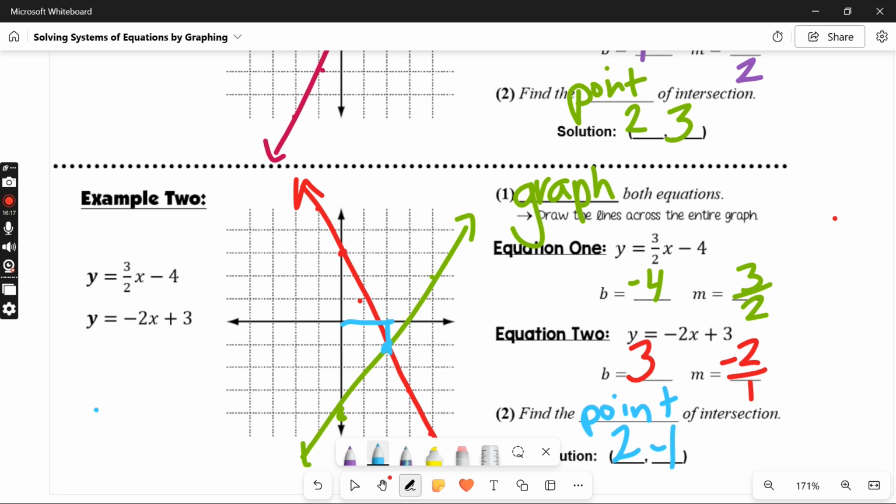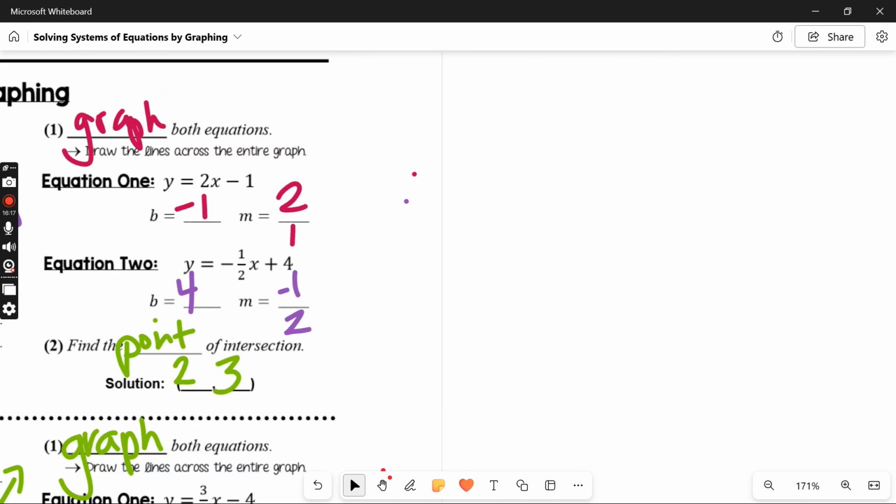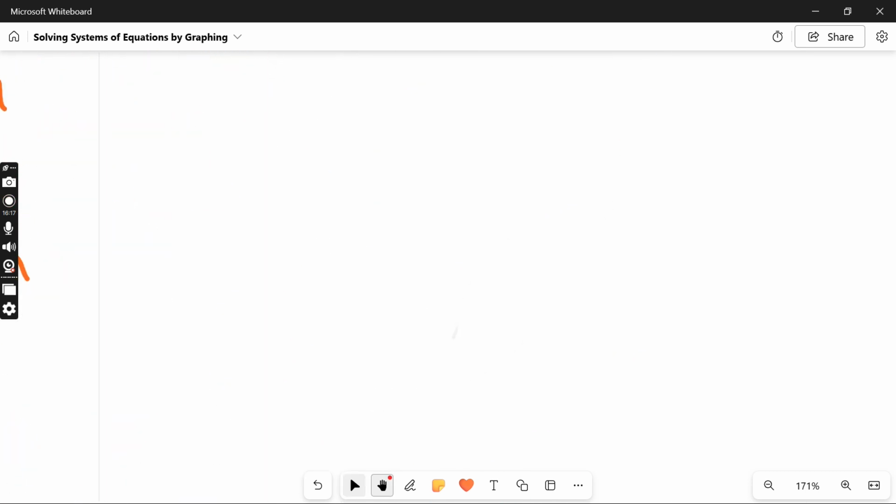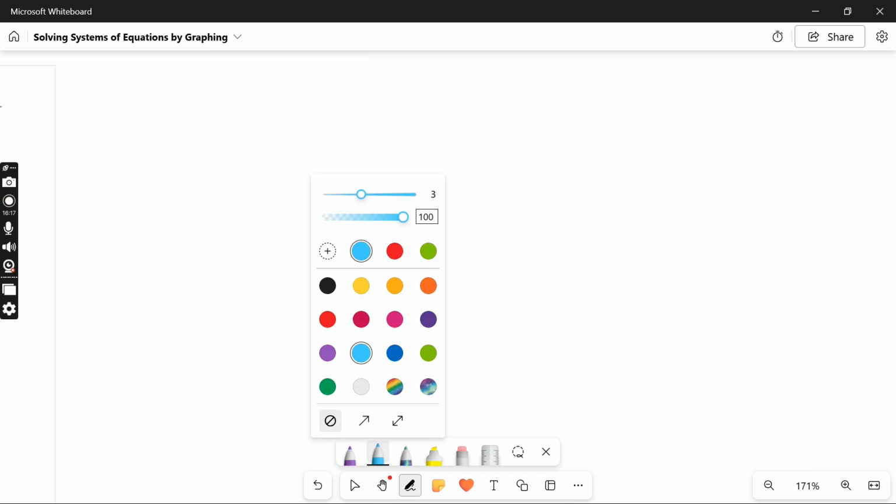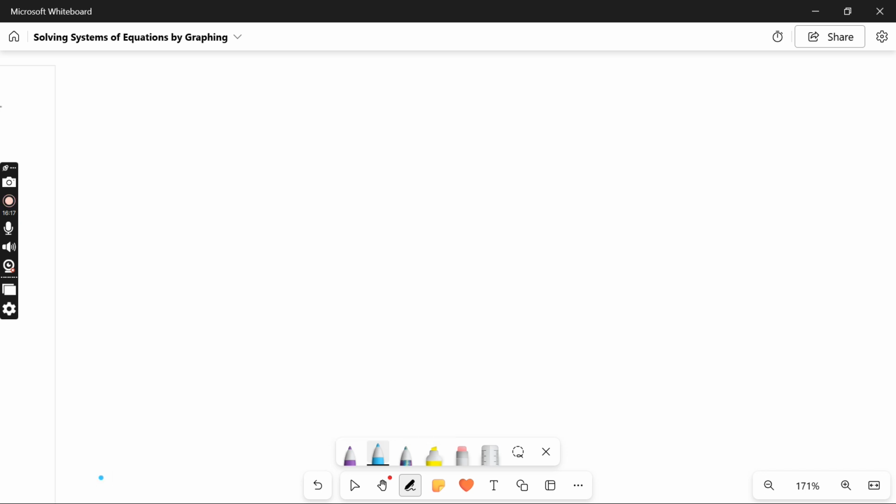There are a couple of things that I want to talk to you about. If you want to flip it over to the back, there are just a few things I want to talk about really quickly in case you see them at some point. You could end up with 2 lines that look like this. There's one, and there's the other. These are called parallel lines.